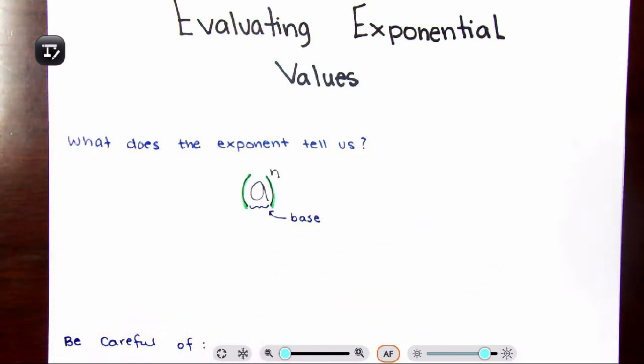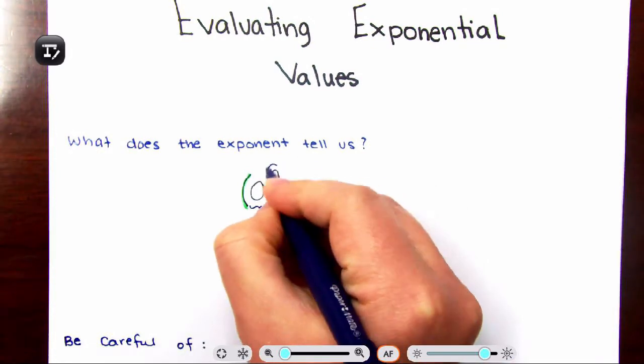And the exponent, what does the exponent tell us? The exponent tells us how many times the a is being multiplied by itself.